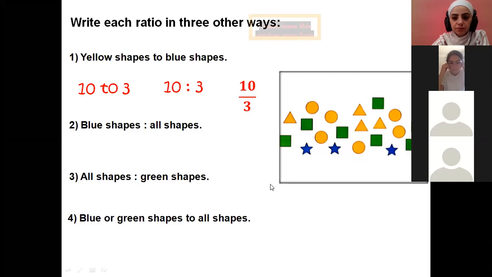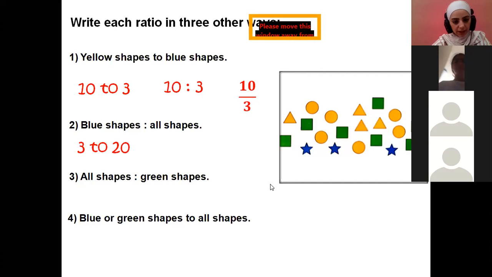It is 3 to 20. Excellent. Yes, this is how we write. These are the 3 forms of writing blue shapes to all shapes.